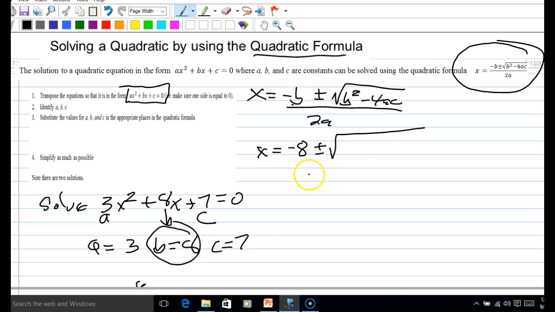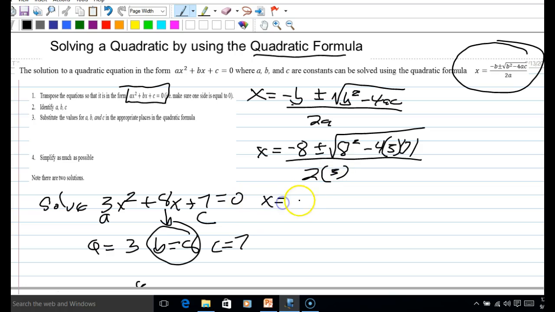B is 8, so that's 8 squared, minus 4 times a is 3, times c, which is 7, all over 2 times a, and the a again is 3.